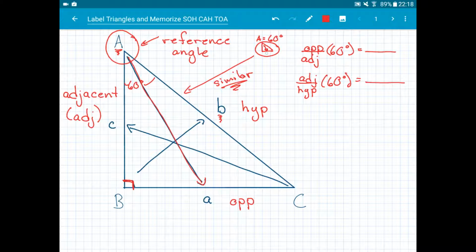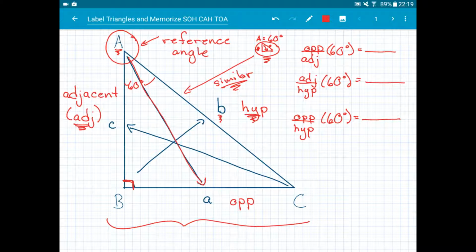And it'll be the same no matter whether we do the adjacent here in this one with the hypotenuse here or the adjacent on the big triangle with the hypotenuse on the big triangle. Lastly, the opposite divided by the hypotenuse of 60 degrees will always be the same number again. It doesn't matter whether you deal with the small triangle or the large triangle.